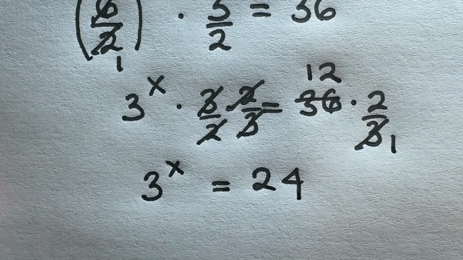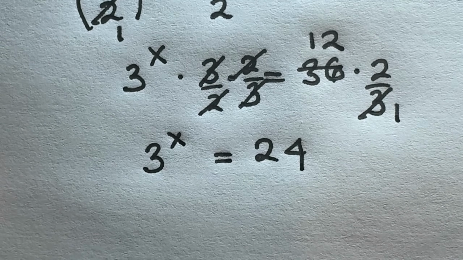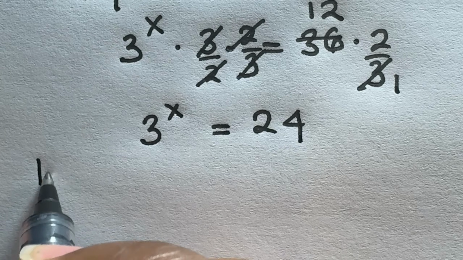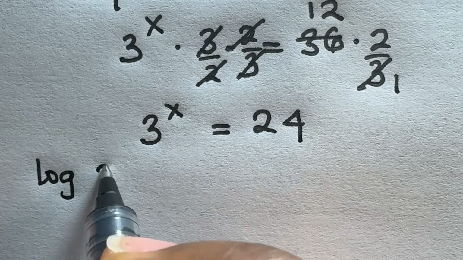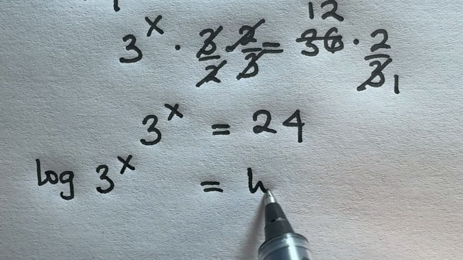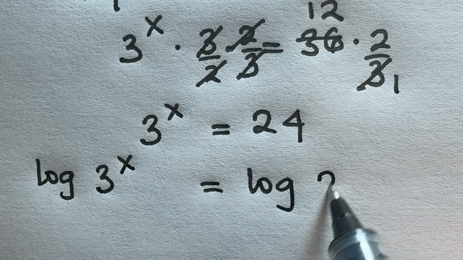This is an exponential equation. To then solve for x from here, I'm going to take the logarithm of both sides of this equation. So we have log 3 raised to power x is equal to log 24.